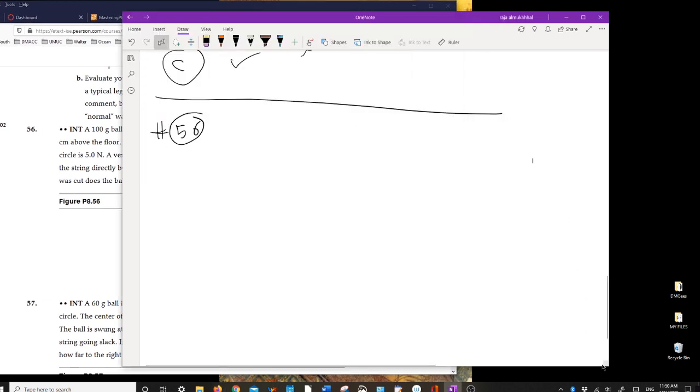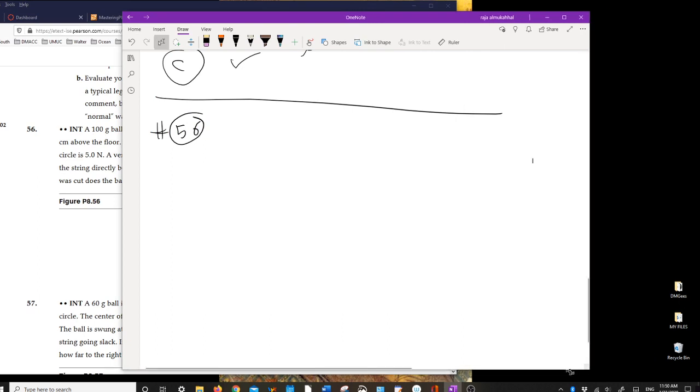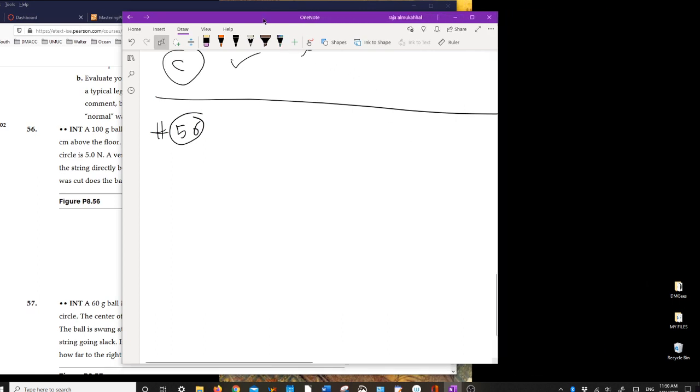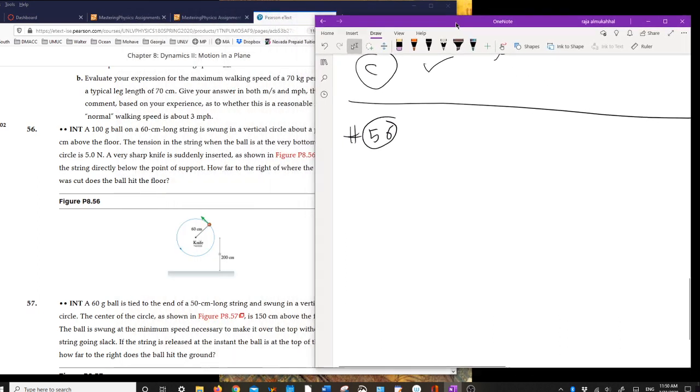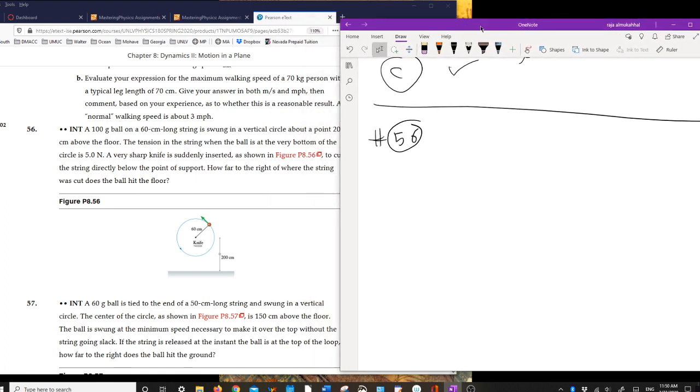Okay, the problem says, you have a 100-gram ball, so you have a mass of 100 gram, which is basically 0.1 kilogram, ball on a 60 centimeter long string.